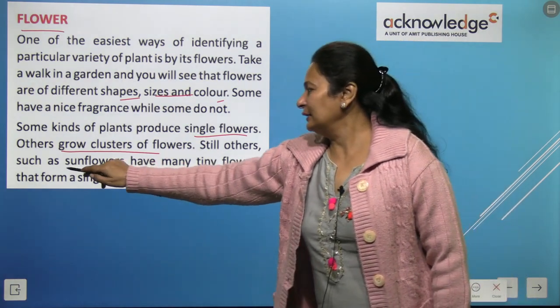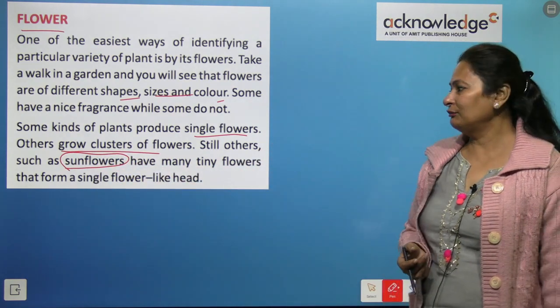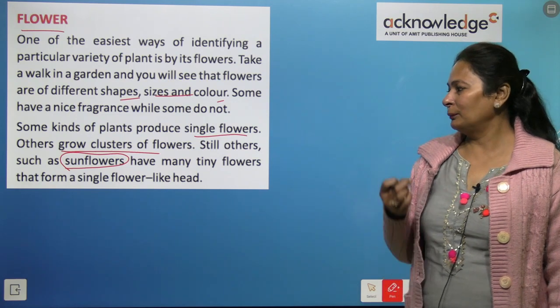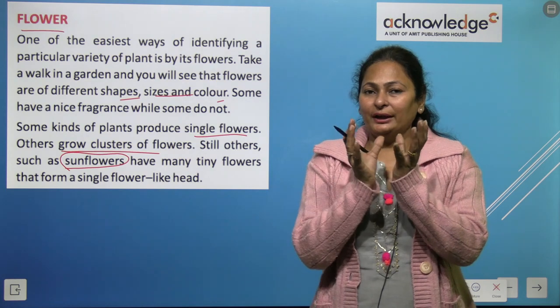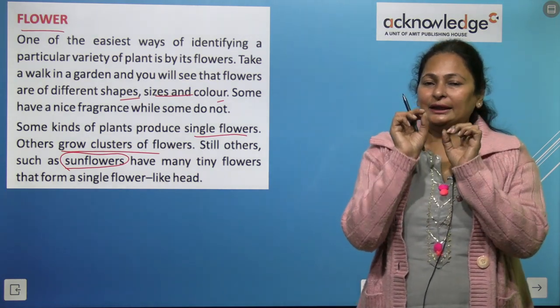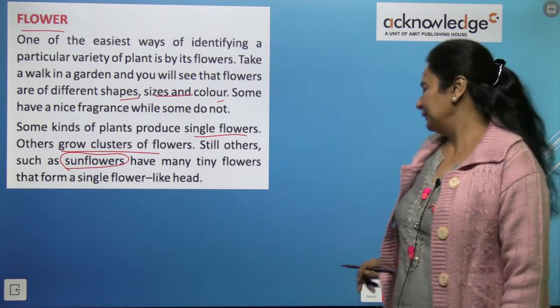You have seen the sunflower plant, or you can Google it and you'll find the pictures. It has many tiny flowers that form a single flower. When you see the picture of sunflower, you'll find some tiny thread-like structures in a single flower.